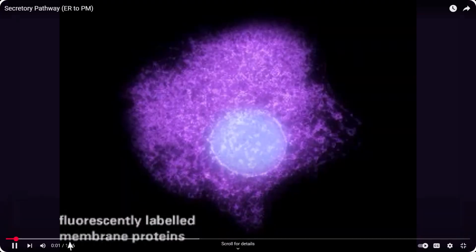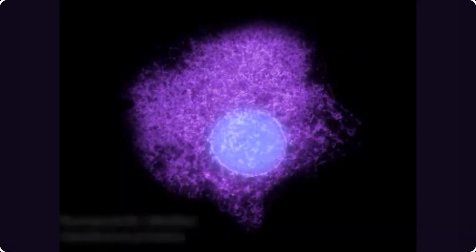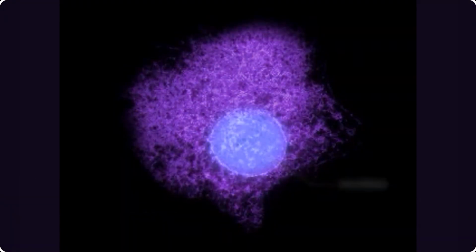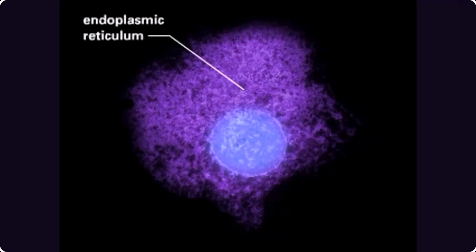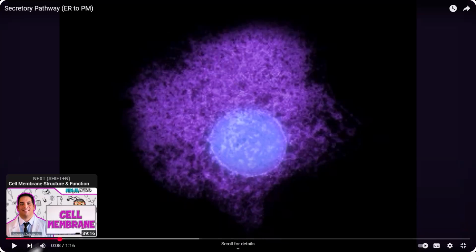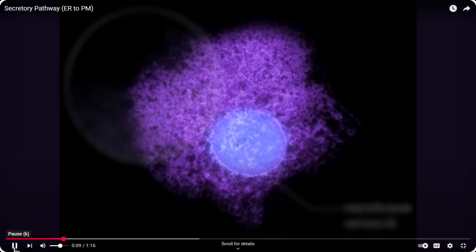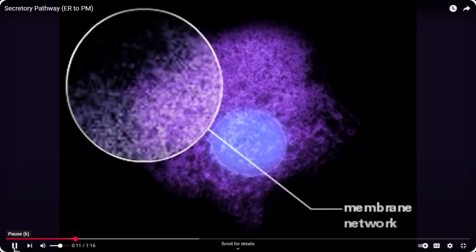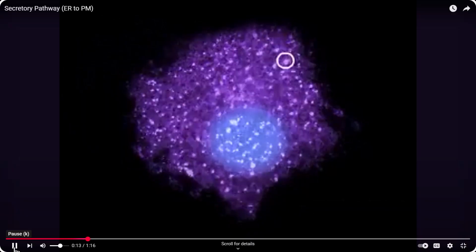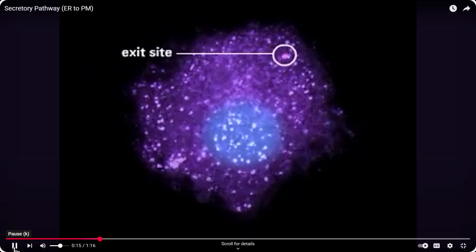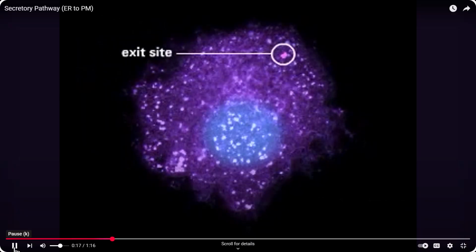Fluorescently labeled membrane proteins start their journey to the plasma membrane after synthesis in the endoplasmic reticulum. They are first dispersed throughout the extensive membrane network of the endoplasmic reticulum, from where they move to exit sites that form in random locations in the membrane network.